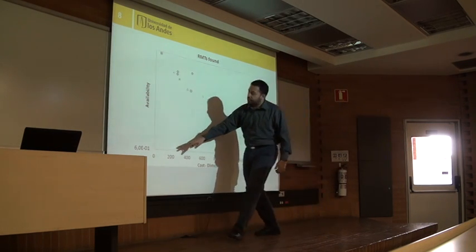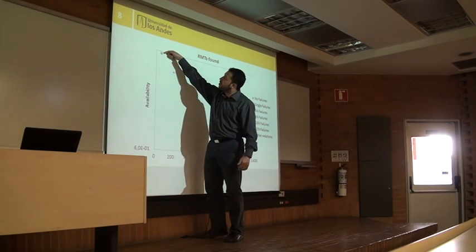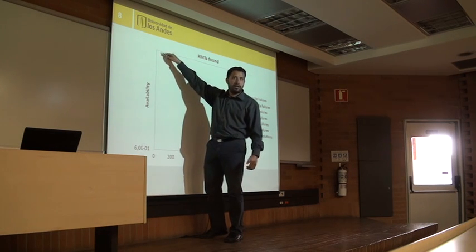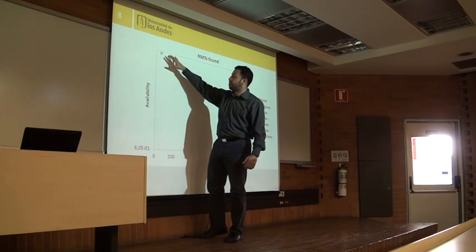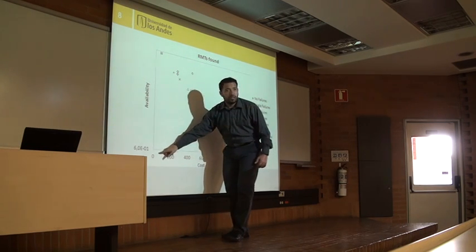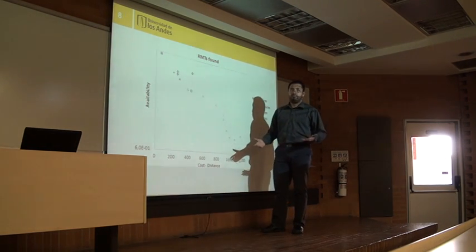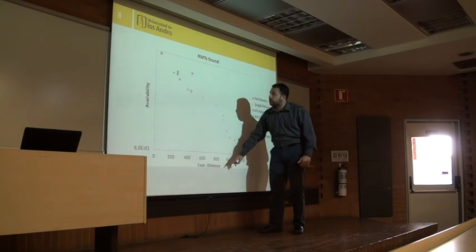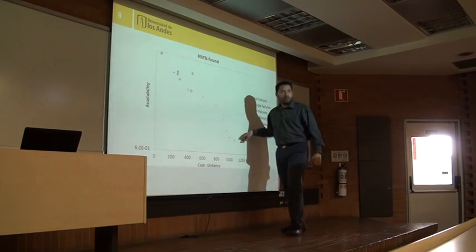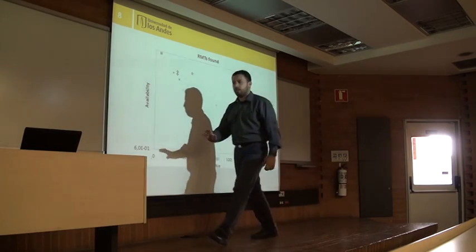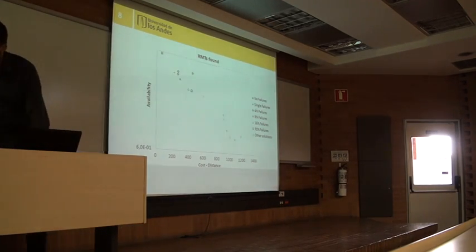That is the availability. Notice the original one had the highest availability, near 100%, and the lowest cost. The cost is measured in delay or maybe distance of the links, and these are the results obtained by running our simulator.